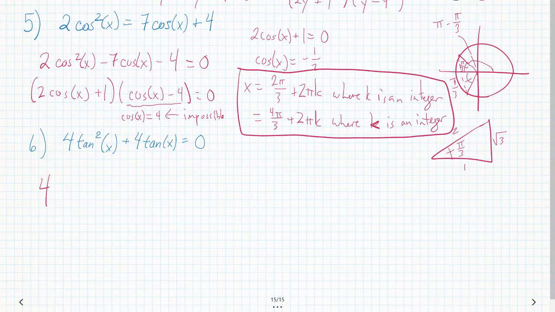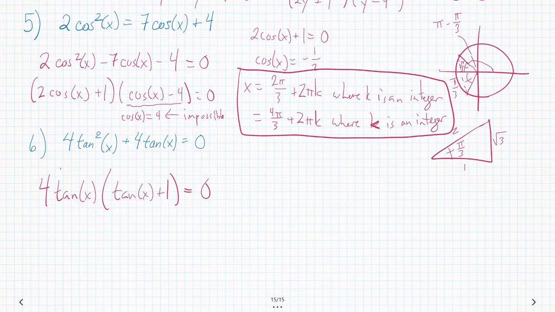Okay, so for our last scenario, notice you can factor out a 4 and a tangent of x, and that means we get a tangent x plus 1 equals 0. So now the fun begins. In this case, you can set tangent x equal to 0.